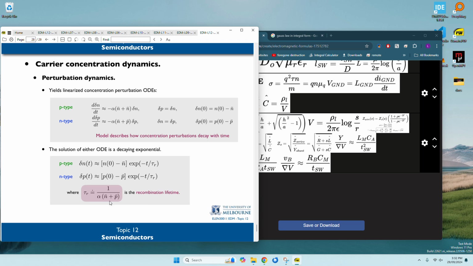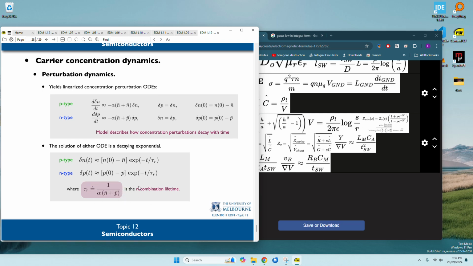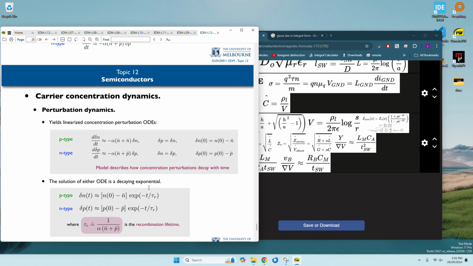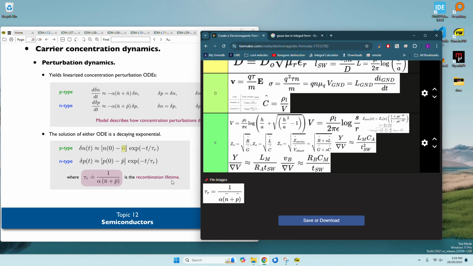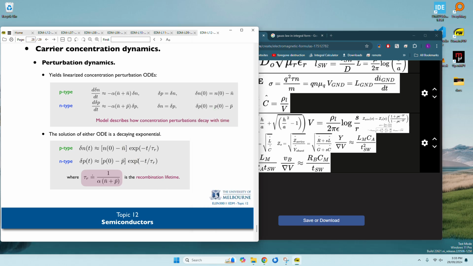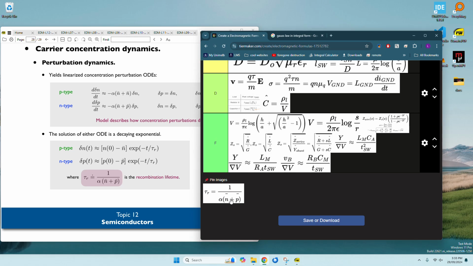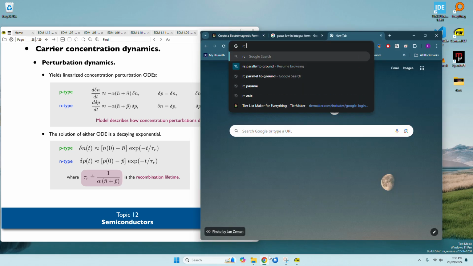So the time constant for something to rearrange, aka the recombination lifetime, is dependent on how much you start with, of course, and on what you end up with, which is n hat, which we've put as part of this equation here. It's dependent on this time constant. That's the main thing.